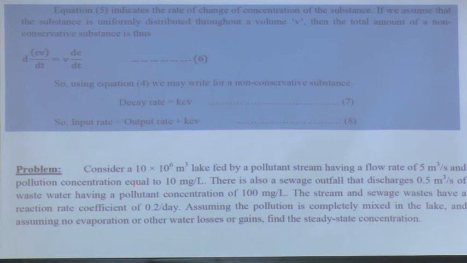And pollution concentration equal to 10 mg per liter. There is also a sewage outfall that discharges 0.5 meter cube per second of wastewater having a pollutant concentration of 100 mg per liter. Suppose you are in a mineral processing industry, that is your effluent, you are sending it to a river at this rate.